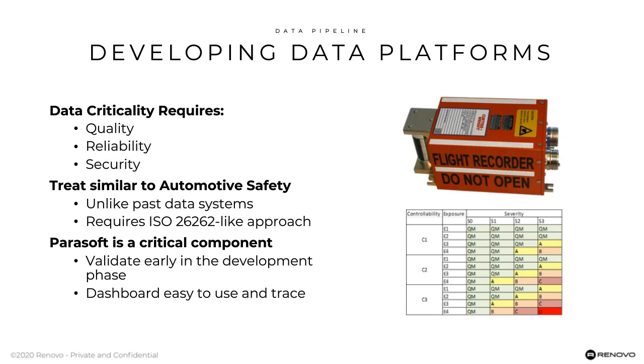You can see down in the lower right-hand corner, I've shown the traditional ASIL chart. The ASIL chart itself is geared around safety systems. It's geared around being able to judge safety systems and be able to grade them. We see a similar sort of concept being applied to data itself: understanding what kinds of data you're capturing, how important it is, and that will drive the software requirements for the platform.